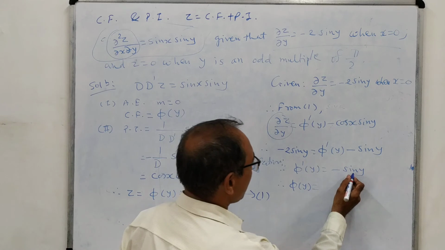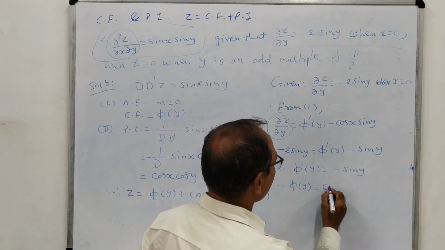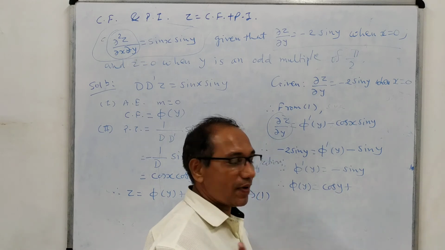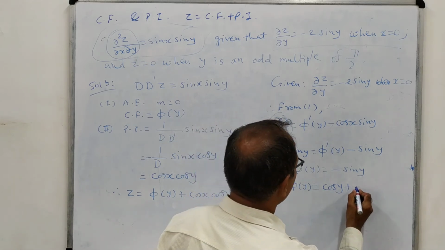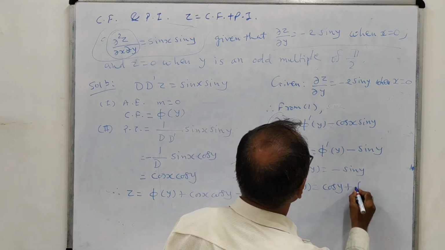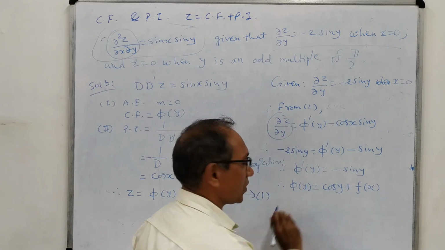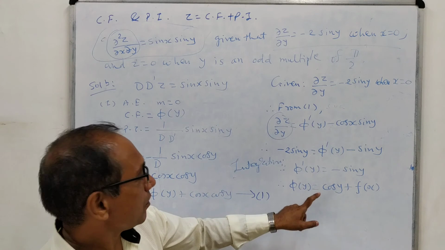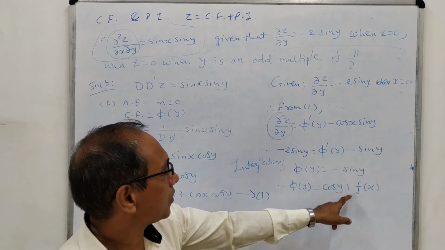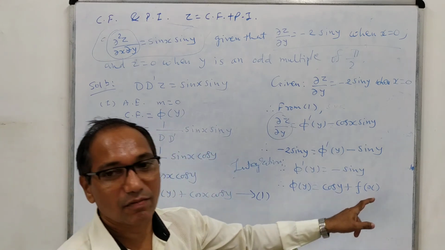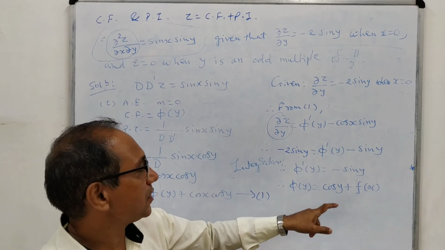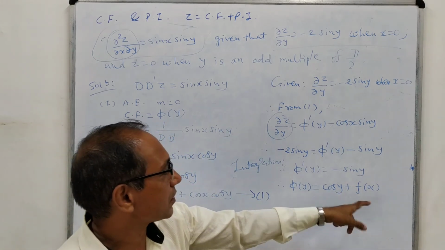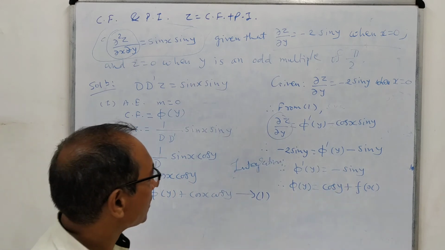And integration with respect to y of sin y is minus cos y, and plus some constant. You know, whenever we integrate, we add the constant. So here we will add the constant f of x, because when we integrate with respect to y, we are considering x as constant. So this constant is not c. Normally we use c, but in partial differential equations we use this as a function of x, that means of whatever variables we consider as constant.